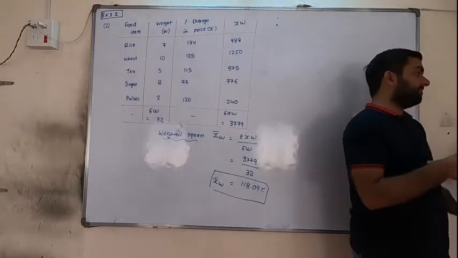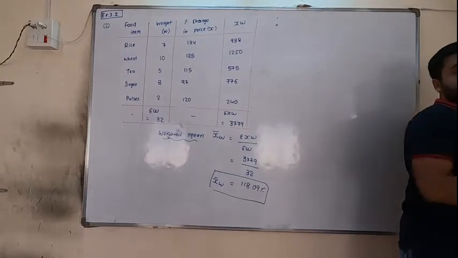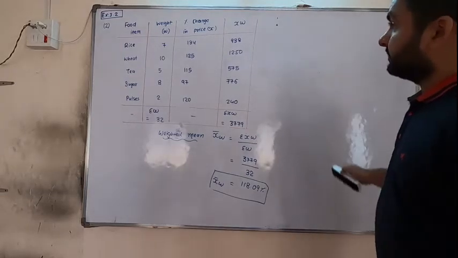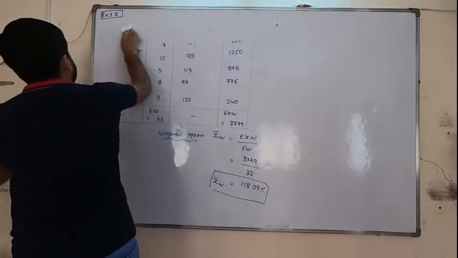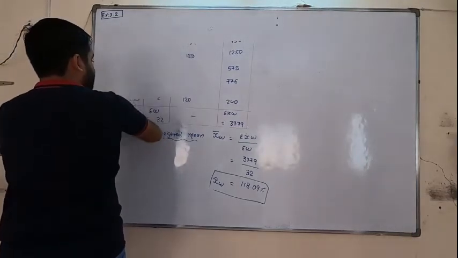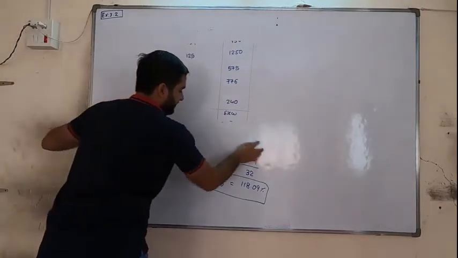Now the last sum for exercise 3.2, that is the third sum. Again it is for weighted mean. All are very simple sums, friends.